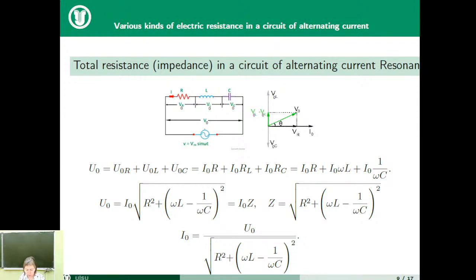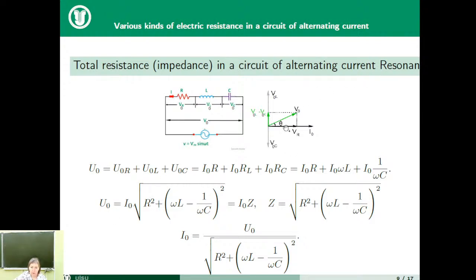And owing to the presence of a phase difference between the voltage of the coil and the voltage of the condenser, and the voltage on the resistance being in identical phase with the current, this voltage can be added vectorially, and under the theorem of Pythagoras, the applied voltage U0 is equal to this expression.